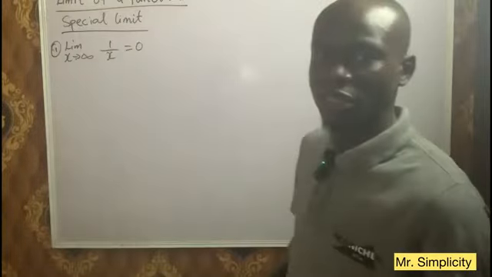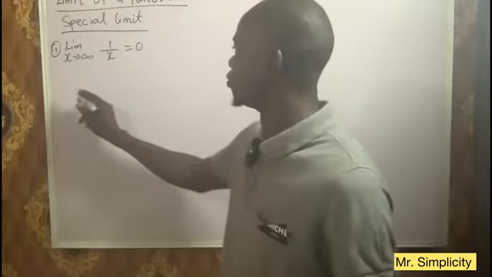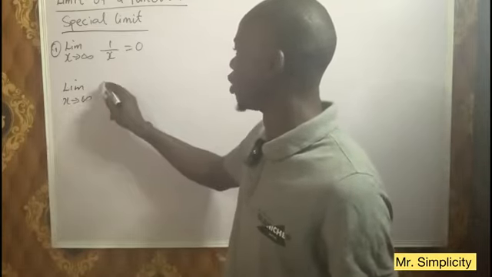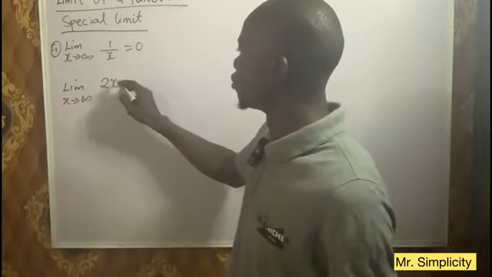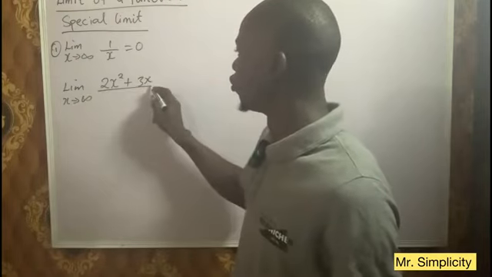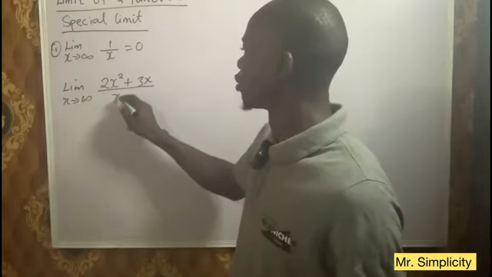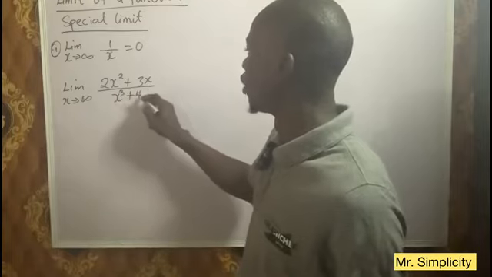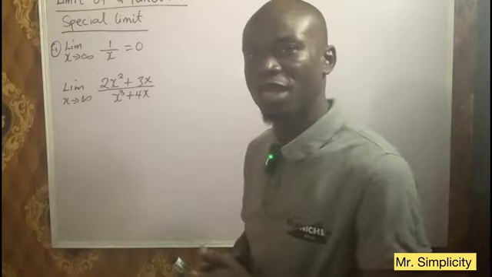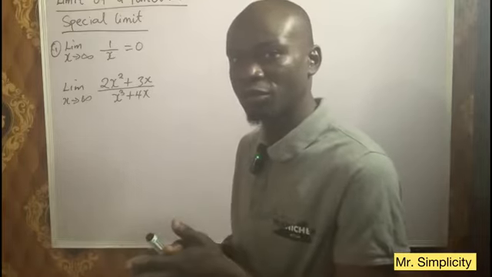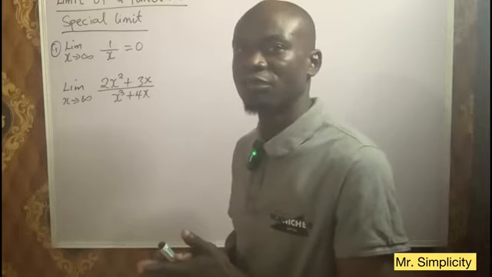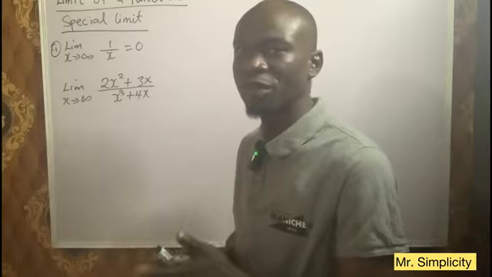What this limit actually explains is that if you are dealing with a problem such as the limit as x tends to infinity of 2x squared plus 3x all over x cubed plus 4x, all you need to do is to make each of the terms a constant over the variable x. That means eliminate x from the numerator of every term.